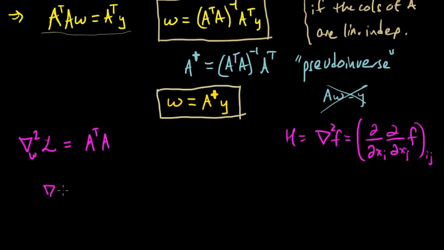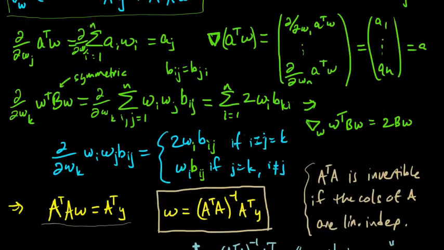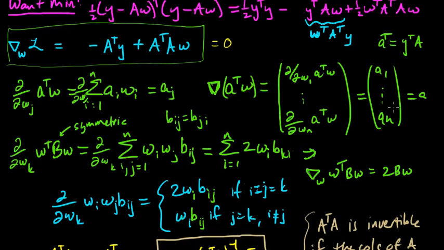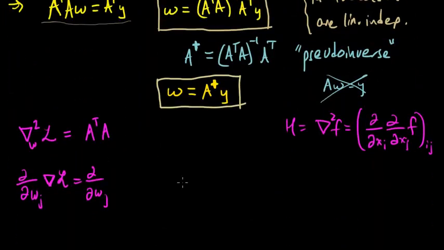Because the gradient of L was the column vector of the first derivatives, and let's take the derivative of this with respect to, say, Wj. So this was, what was it? It was minus A transpose Y plus A transpose AW. This is a constant with respect to W, so it's 0.